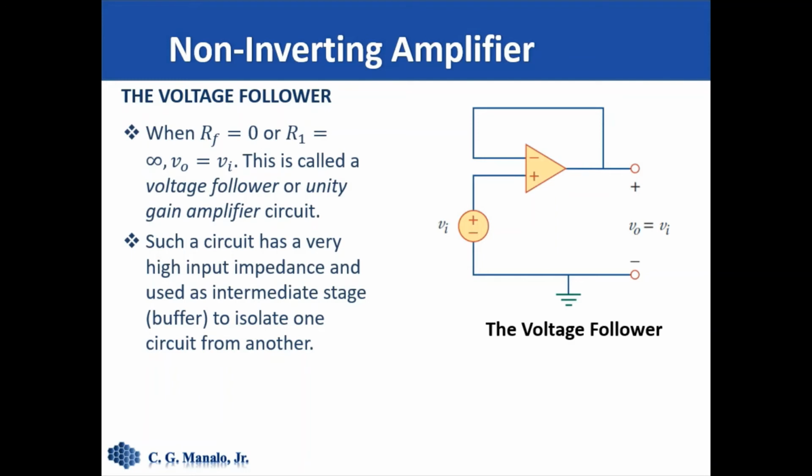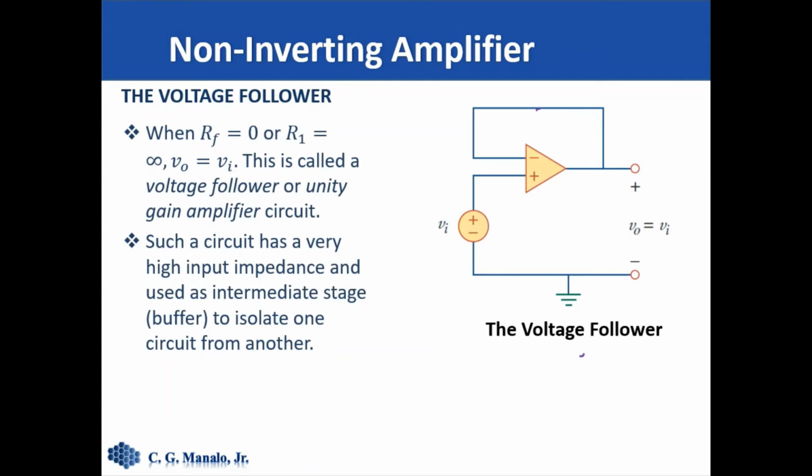A special case for the non-inverting amplifier is what we call the voltage follower configuration. So if we let R sub F equal 0, that is a short circuit, and R sub 1 equal infinity, that means an open circuit, what we get is a voltage follower.